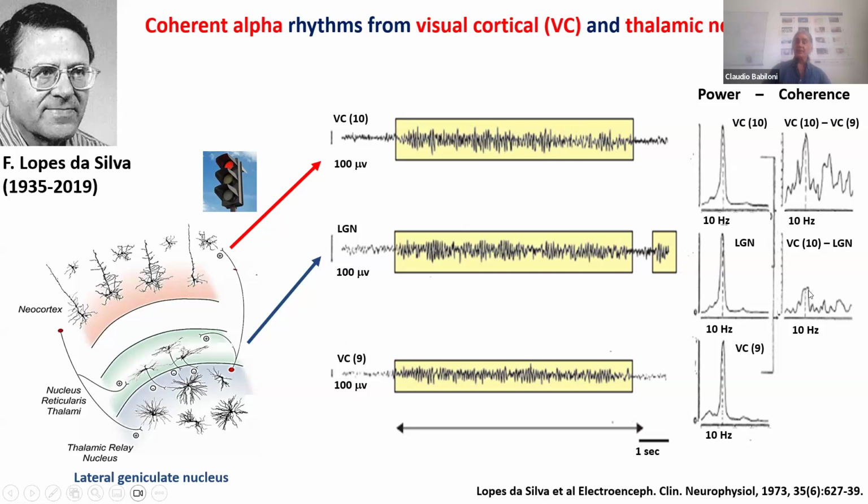And this shows that, again, there is a functional connectivity between thalamocortical neurons and cortical neurons in the generation of alpha rhythms. So we observed in these two slides a network of thalamic and cortical neurons which produce alpha rhythms in a very interrelated way.